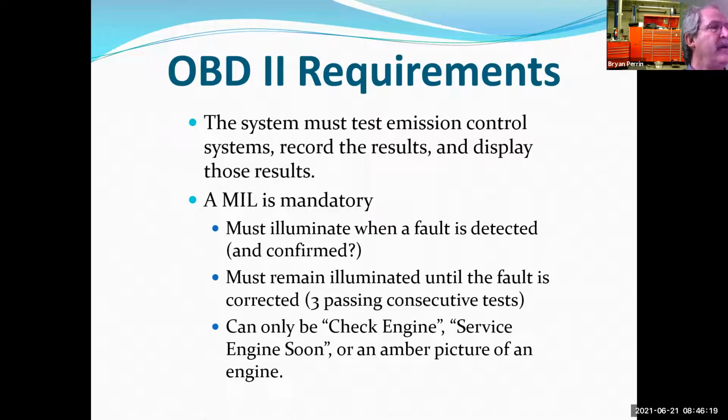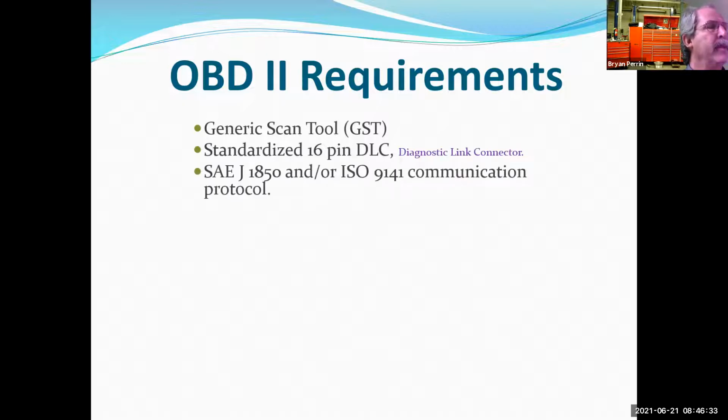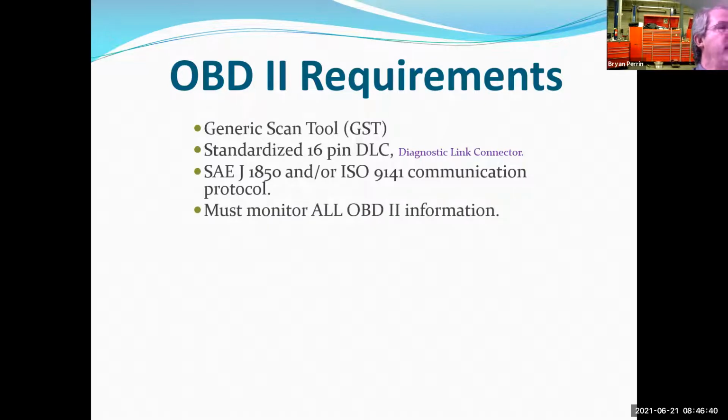The indicator can only be a check engine light, service engine soon, or an amber picture of an engine. The generic scan tool, standardized 16-pin DLC, J1850, ISO 9141 protocol. Now we use CAN. It must monitor all OBD2 information.